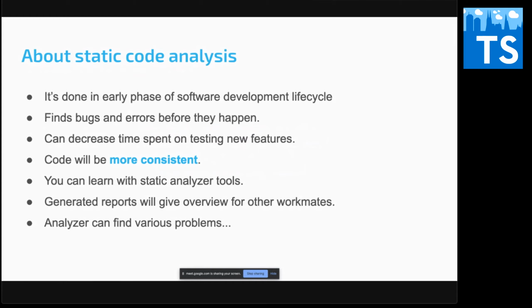One of the most important things, in my opinion, is that when you combine it with Prettier, your team's code base will be more consistent. The next thing is probably something nobody thought about: you can even learn by spending hours investigating how a warning or error could be fixed and why you should fix it.